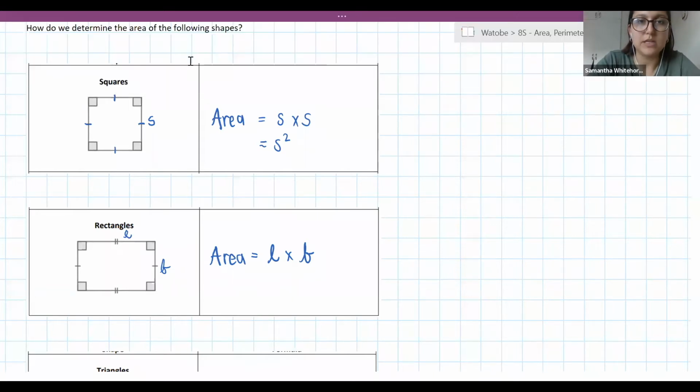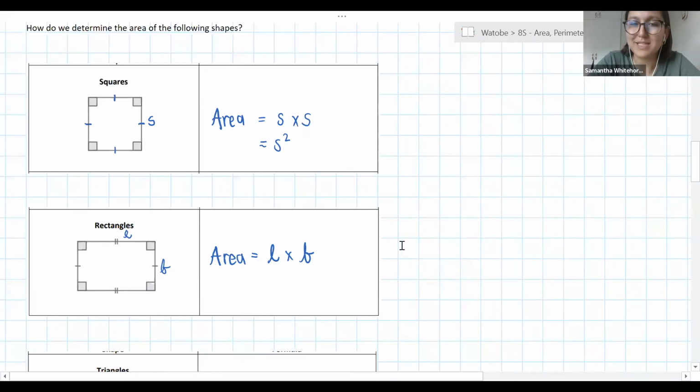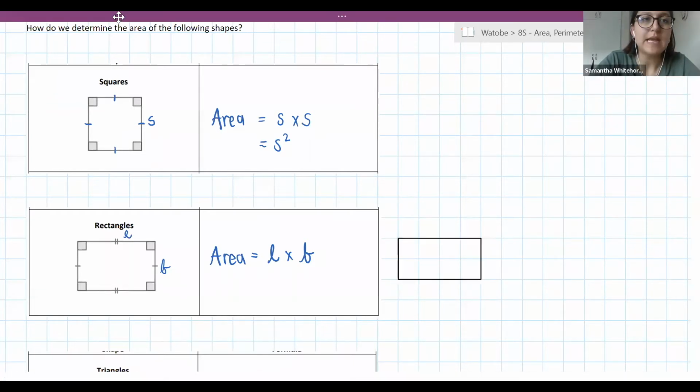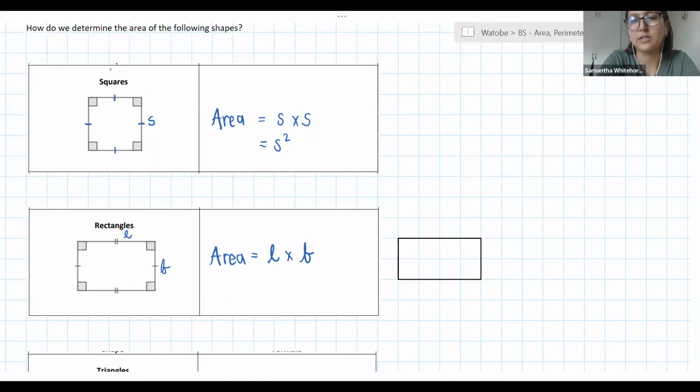Now, just to illustrate this for ourselves, so that we understand this whole idea of the amount of space a shape takes up. If I consider a rectangle, there's my rectangle, and this is 4 blocks long and 2 blocks wide. If I want the area here, I would need to multiply those two together, and so I would get 4 times 2, which is then 8 units squared.